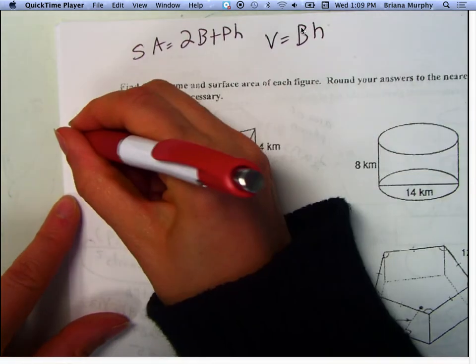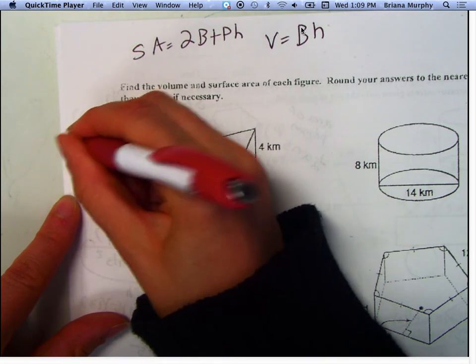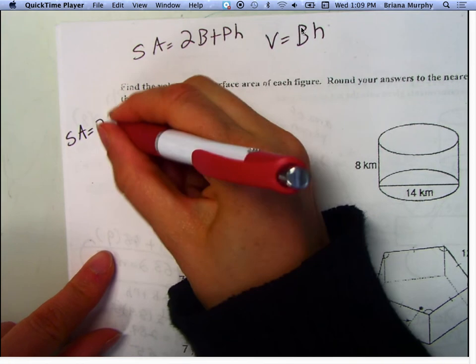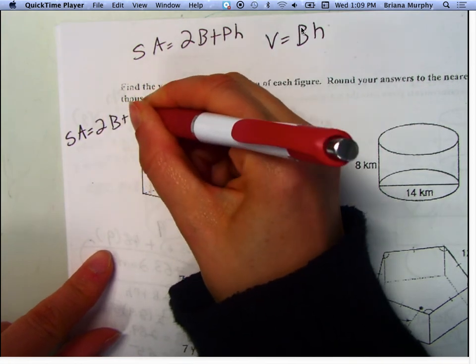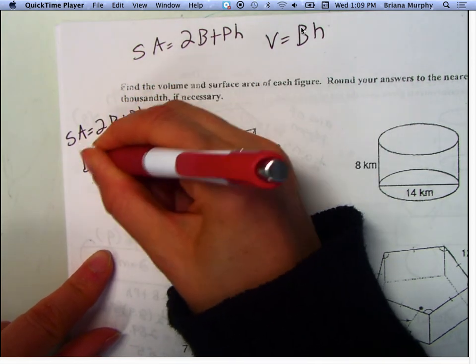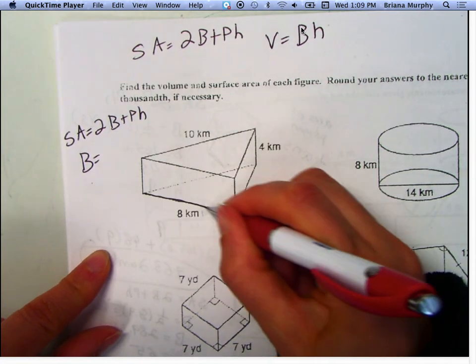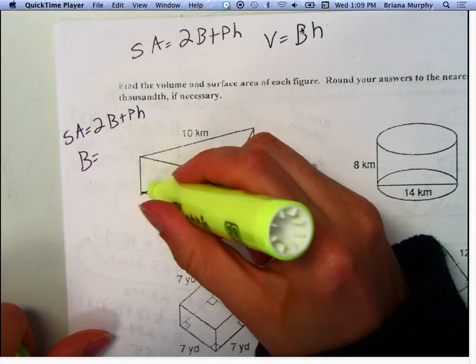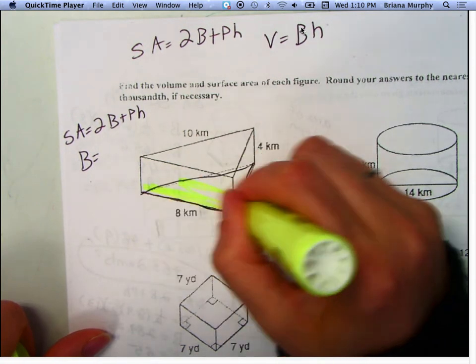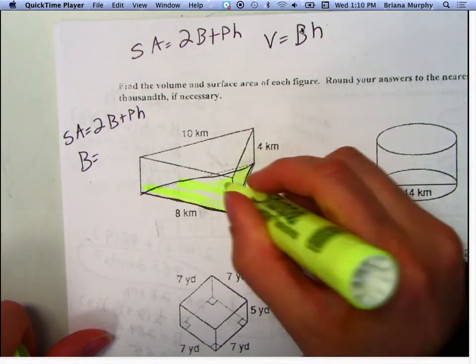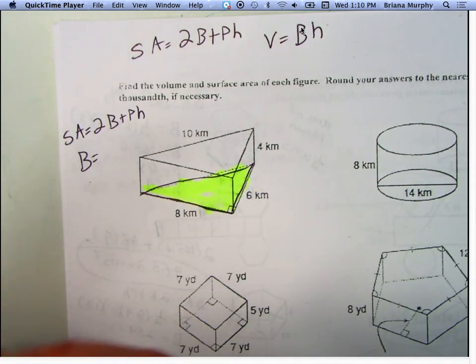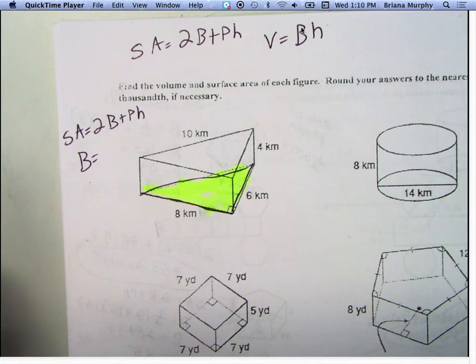You have to find both? Yep. So the surface area, we've got 2 times the base plus the perimeter times the height. The area of the base. So what's the area of a triangle? What's the formula? 1/2 length times width.